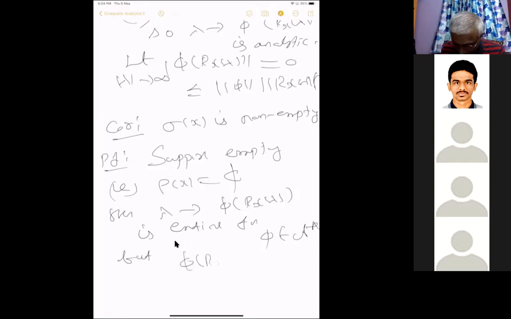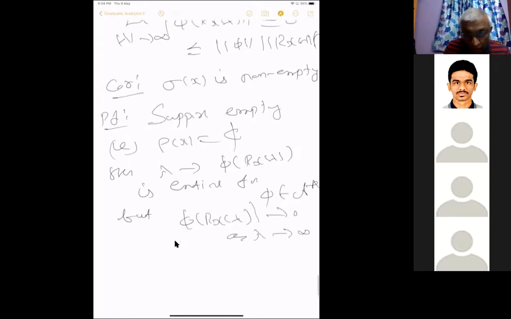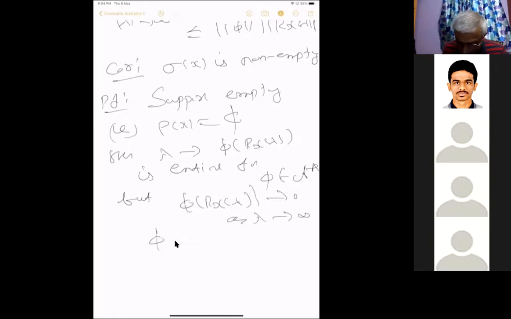Phi of R_x(lambda) goes to 0 as lambda goes to infinity, so this function is bounded. A bounded entire function is constant, but since the limit goes to 0 at infinity, it has to be equal to 0.